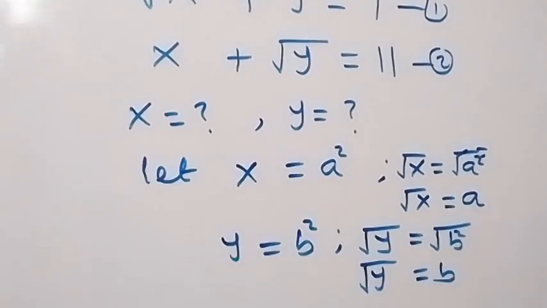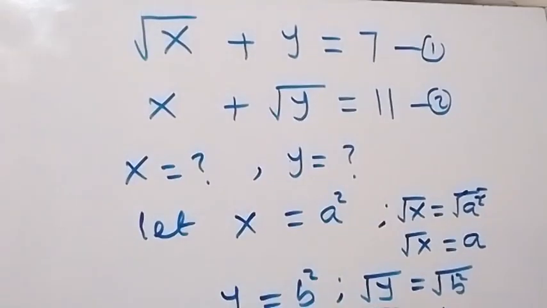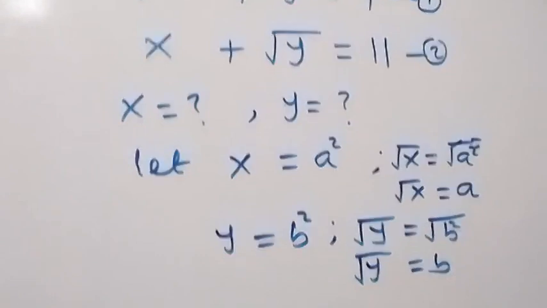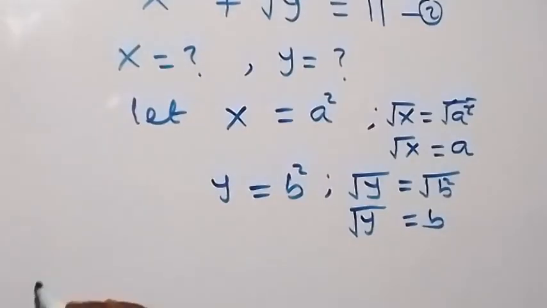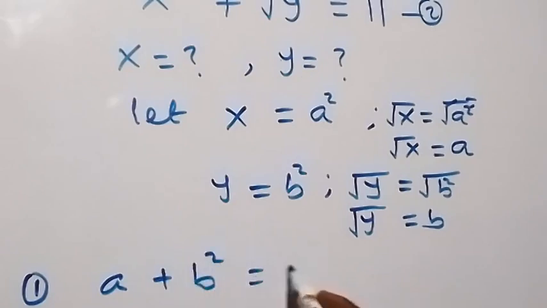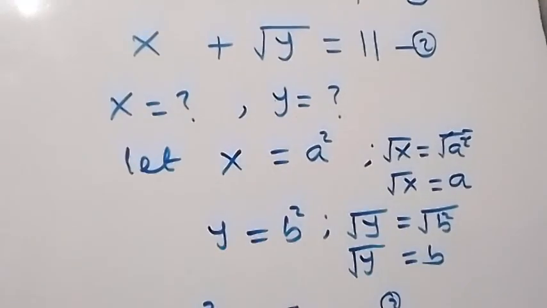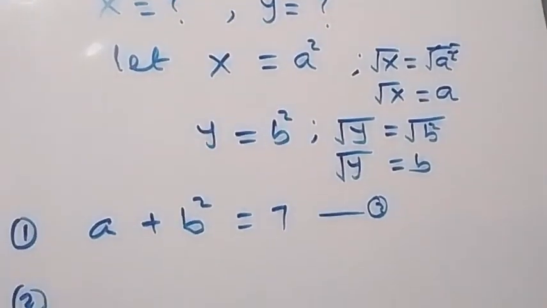So from what we have here, equation 1 can now be written as root x, which is a, plus y, which is b square. So equation 1 becomes a plus b square equals 7. Let this be equation 3. And equation 2 also becomes x plus root y, and x is a square plus root y, which is b.